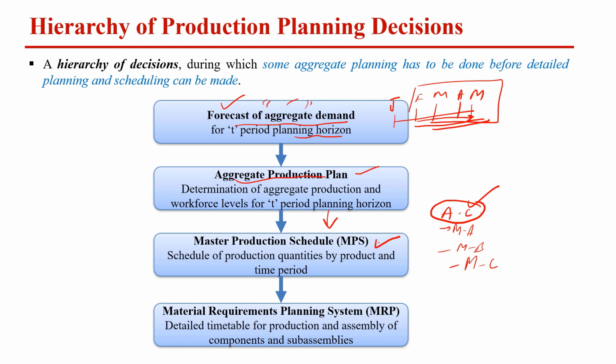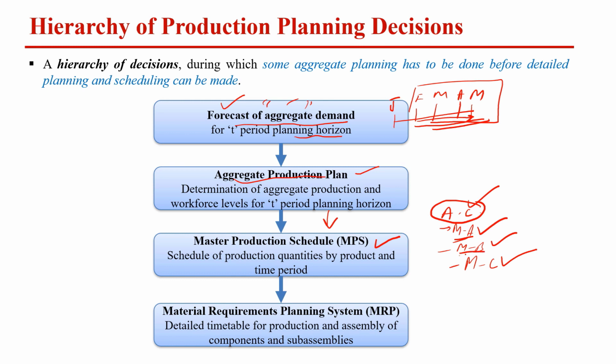Whereas in the master production schedule, we develop the plan for model A separately, model B separately, and model C separately. For every SKU, we decide in the master production schedule how much of model A we are going to produce in a particular week, usually using a weekly time frame, while considering the capacity of our production system.